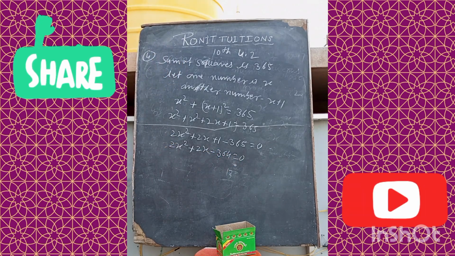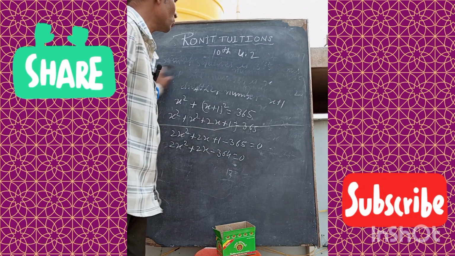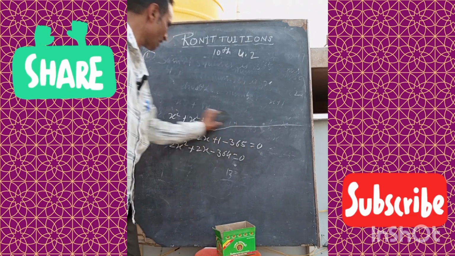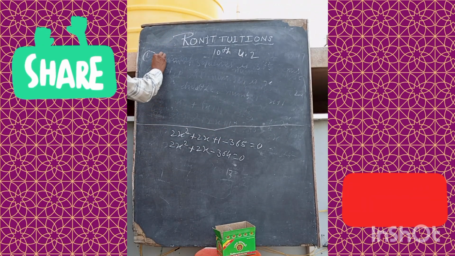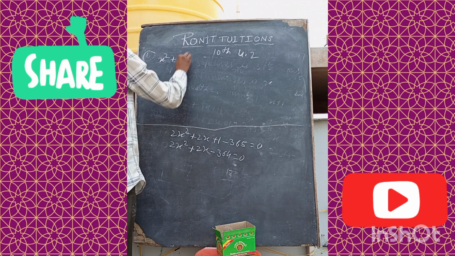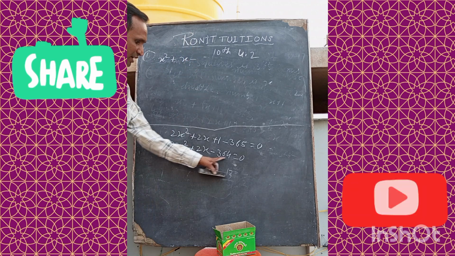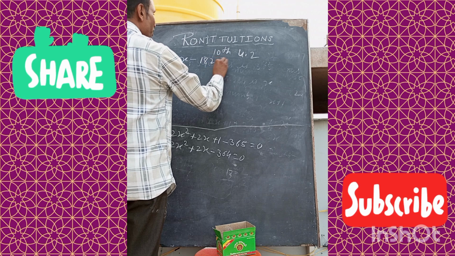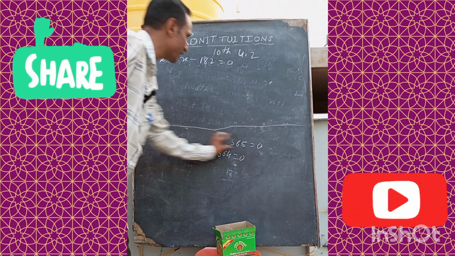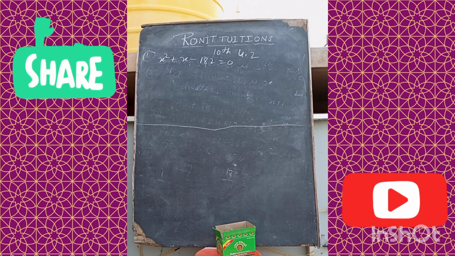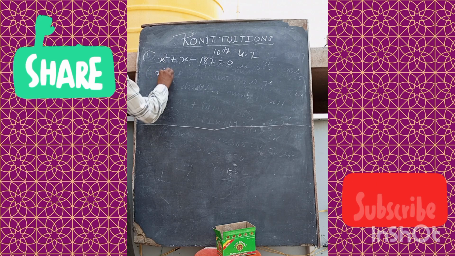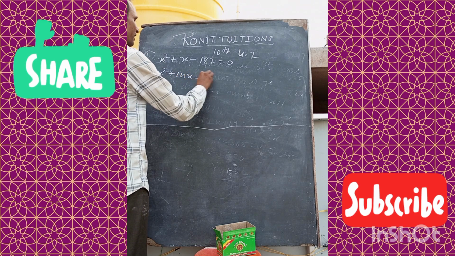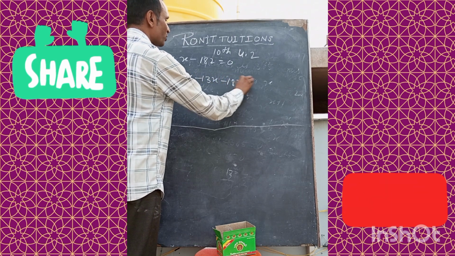Now we divide the whole equation by 2, so we get x square plus x minus 182 is equal to 0, since 364 divided by 2 is 182. Which are the numbers? I hope you already know: x square plus 14x minus 13x minus 182 is equal to 0.